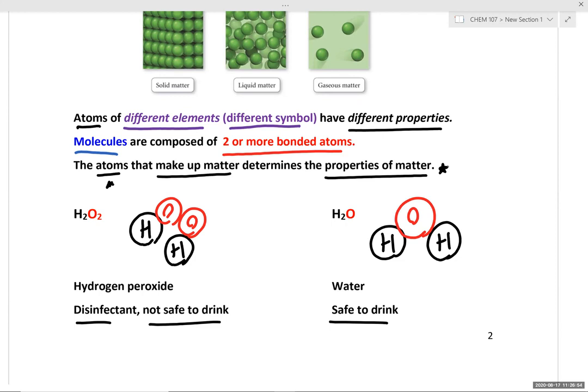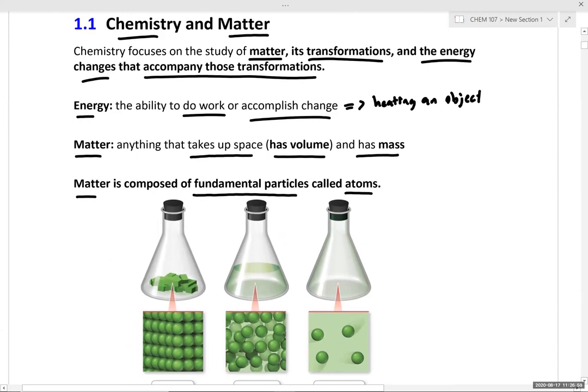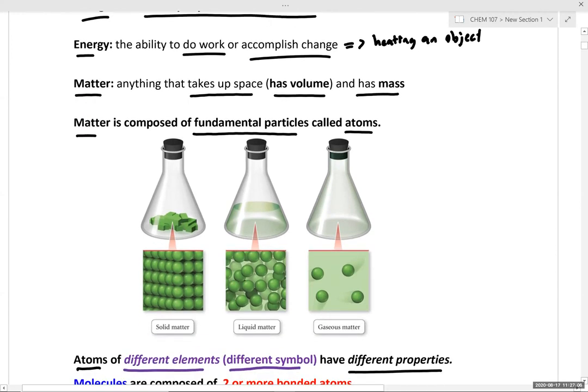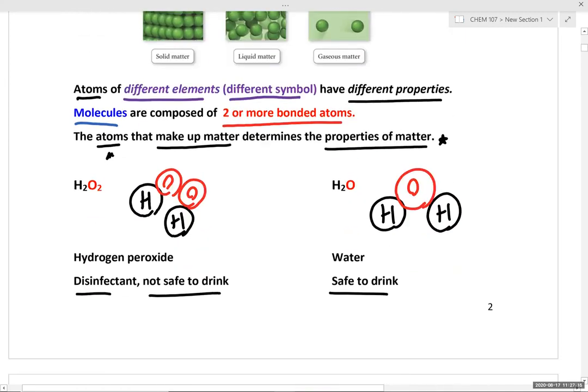So just as a recap, chemistry focuses on the study of matter, anything that takes up space and has mass. Matter is composed of small fundamental particles called atoms. Atoms can have different properties if they're from different elements. Molecules are composed of two or more bonded atoms.